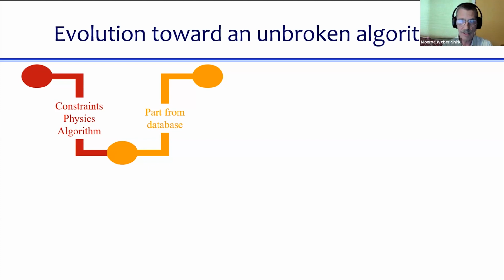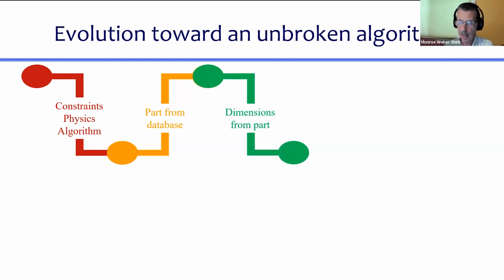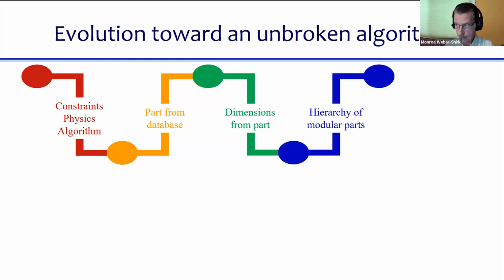And then I'm going down a path that you might not have been expecting. We have to pull our parts from a database. So there must be a database that contains the generic parts that we might be using. And from that database, we can determine what the exact dimensions are of those parts, where we specified which parts we chose based on the physics. We pull the part from the database, then we get the exact dimensions of that part from the database.